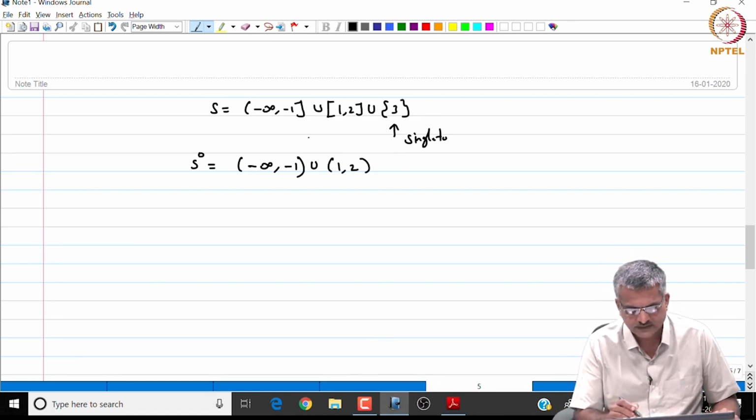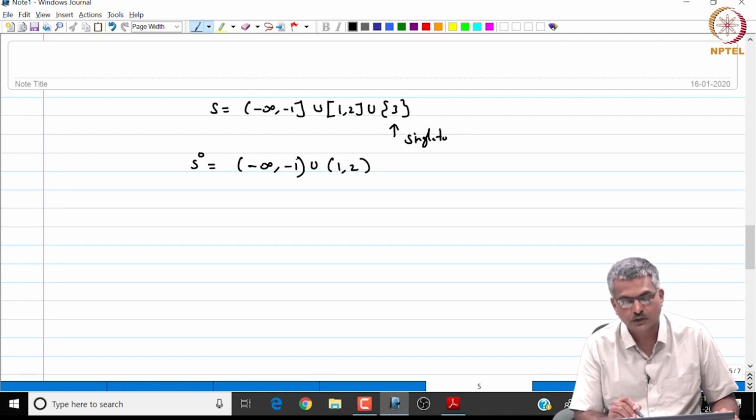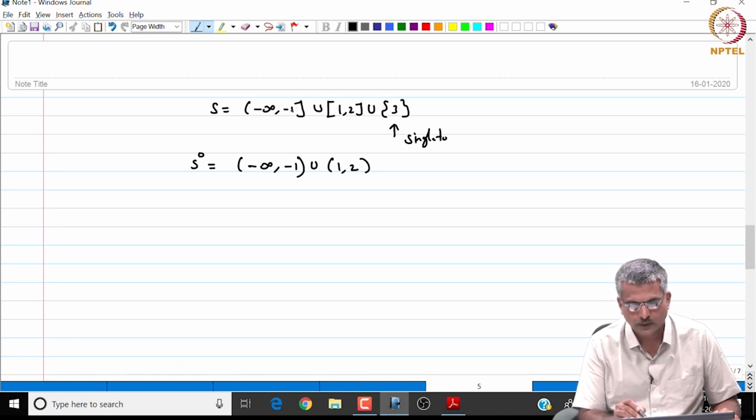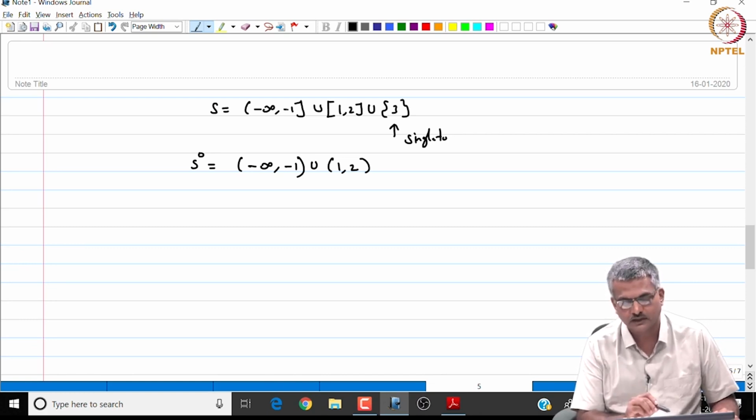As I said, minus 1 does not qualify to be an interior point, because if you take any neighborhood, however small, not all its points belong to the set S. No matter how small a ball you choose around minus 1, you will always get some points to the right of minus 1 which are not in the set S. So, these points do not qualify to be interior points.